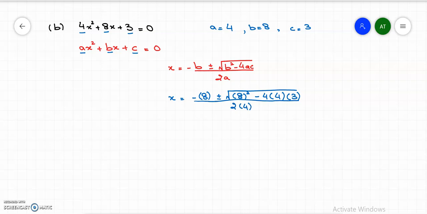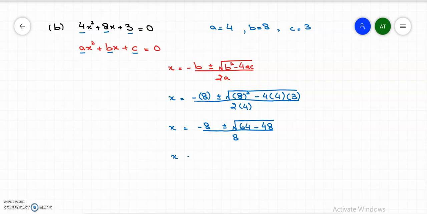Right? So here we have x is equals to negative of 8 plus minus square root 8 square is 64. Subtract 4 times 4 times 3, that is equals to 48. And this whole term is going to divide with 2 times 4, that is 8.